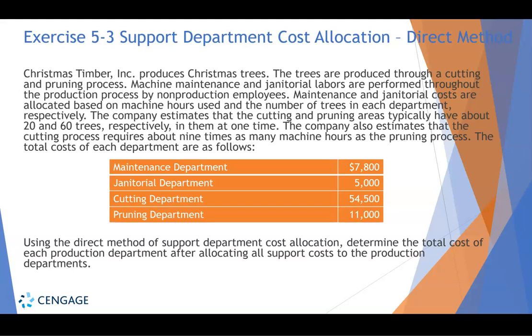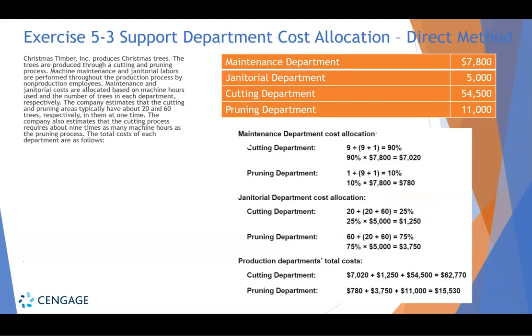Using the direct method, determine the total cost of each production department after allocating all of the support costs to the production departments. So we're going to look at the maintenance and the janitorial support departments and see how we go about applying them.